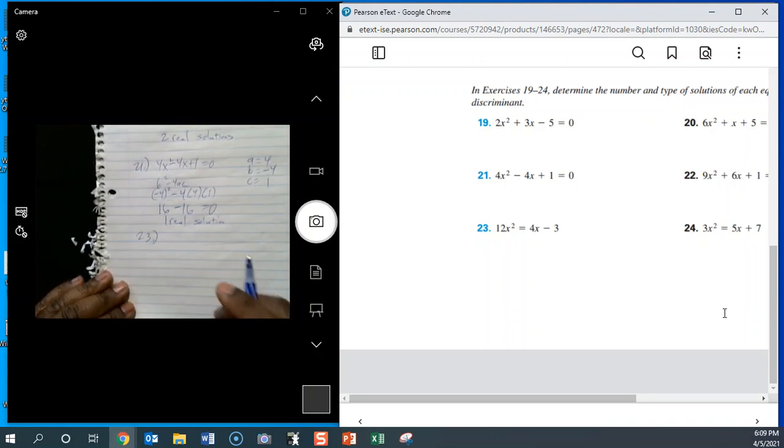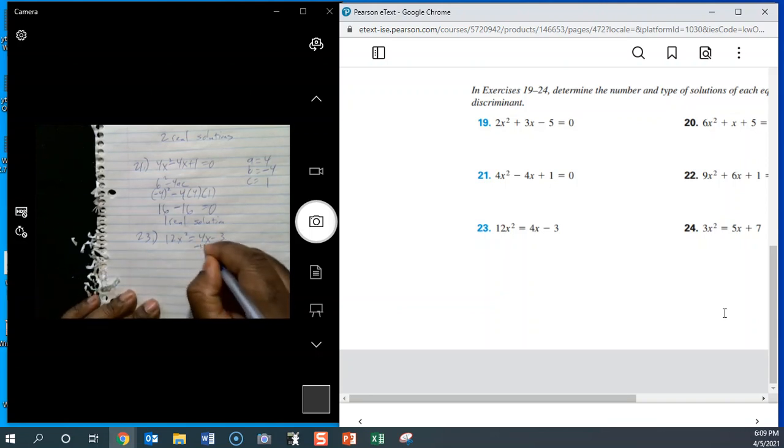Now for 23, we had 12x squared is equal to 4x minus 3. Now we have to get this equation to equal 0, and we typically want our variable squared to be positive. So we'll subtract 4x and add 3 on both sides.